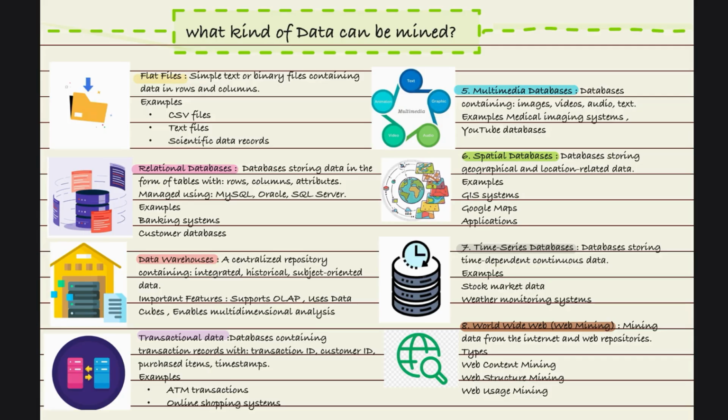So the very first kind of data is the flat files. You see, flat files are simple, unstructured text, or you can say they are CSV files as well, in the basis of rows and columns. So this is the absolute playground for research level data analysis, right?